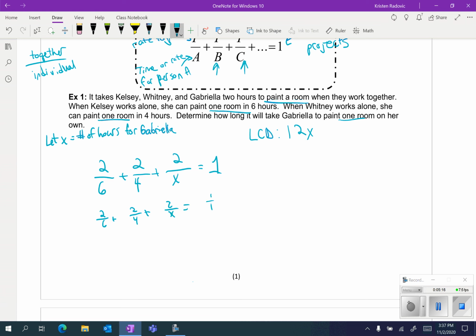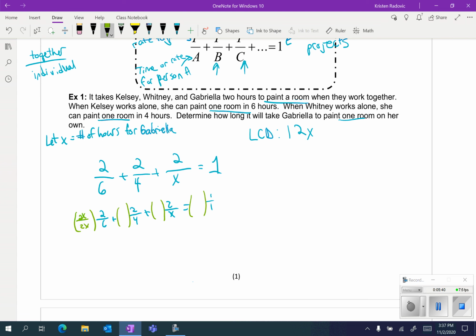I'm going to write the 1 as 1 over 1 because I like fractions. Your first fraction has 6 in the denominator. So in order to get to 12x, you need to do 6 times 2x. The second fraction has 4.